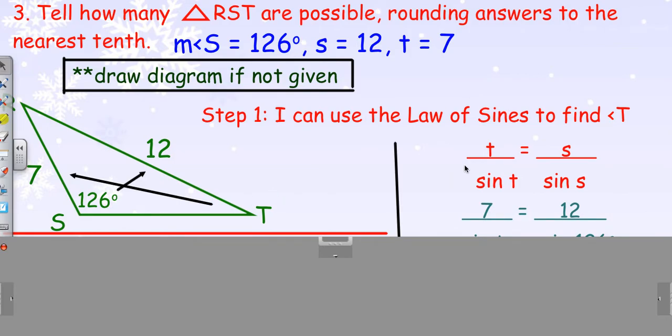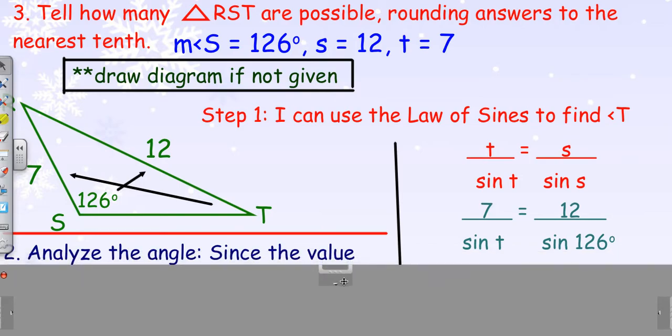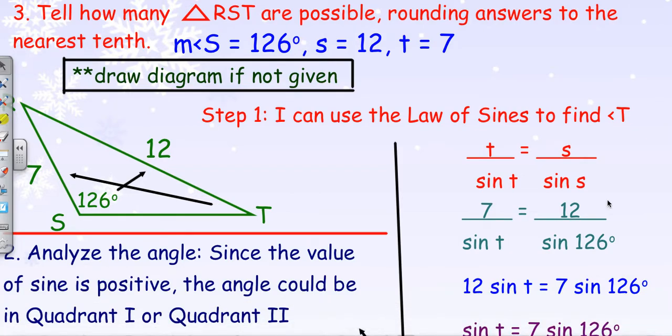I set my proportion up to be side T over sine of angle T is equal to side S over sine of angle S. I fill in the information and cross multiply and divide, and I end up with 12 sine T is equal to 7 times sine of 126 degrees.